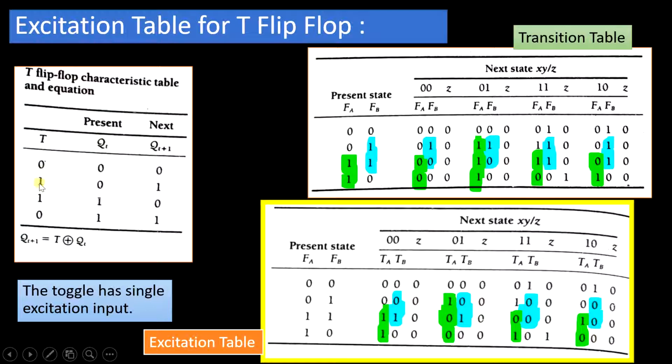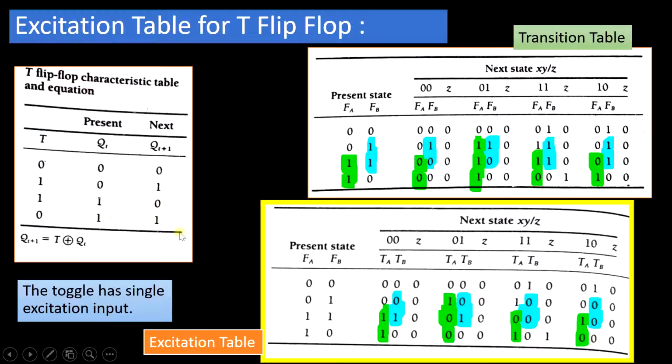So you can see here, initially output was 0, here output was 0, here output was 1, here output was 1. That was the present state. Whereas in the next state, whenever T is equal to 0, there won't be a change in the state, whereas whenever T is equal to 1, we have the toggling operation occurring from 0 to 1 and from 1 to 0.